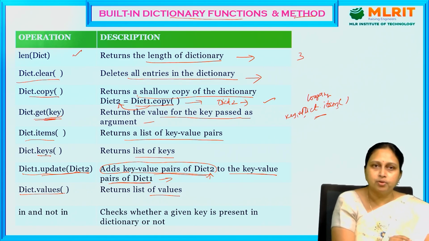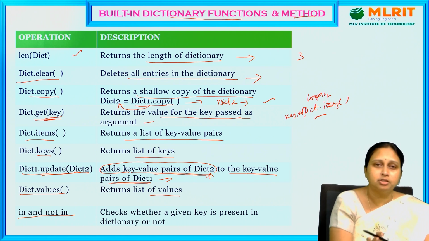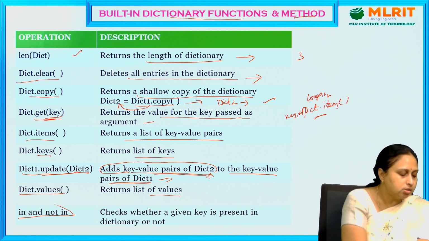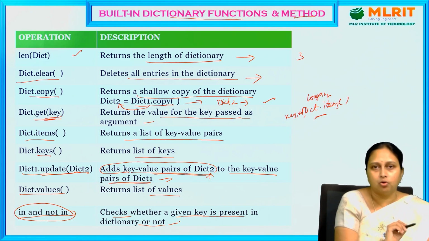And the last one we are going to have is in and not in. If you want to check whether certain keys are present in the dictionary or not, then we use in and not in. That means it checks whether a given key is present in the dictionary or not.